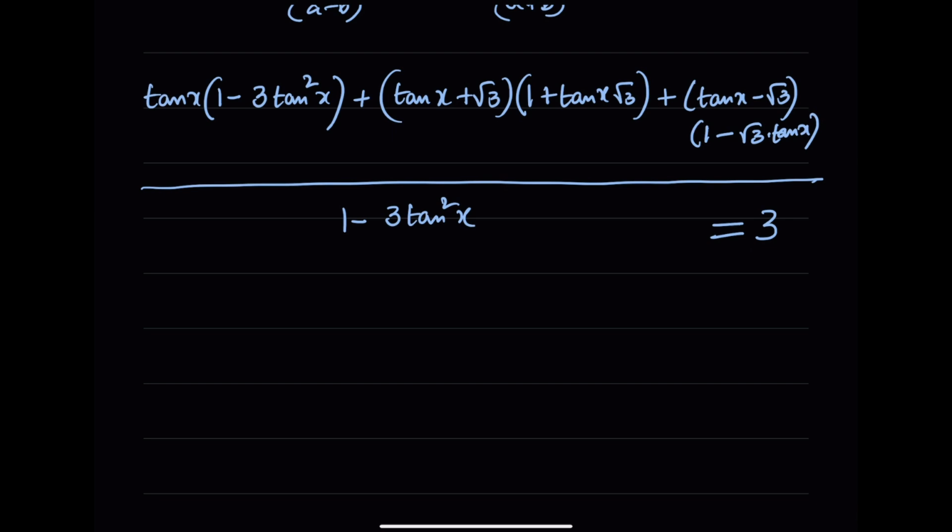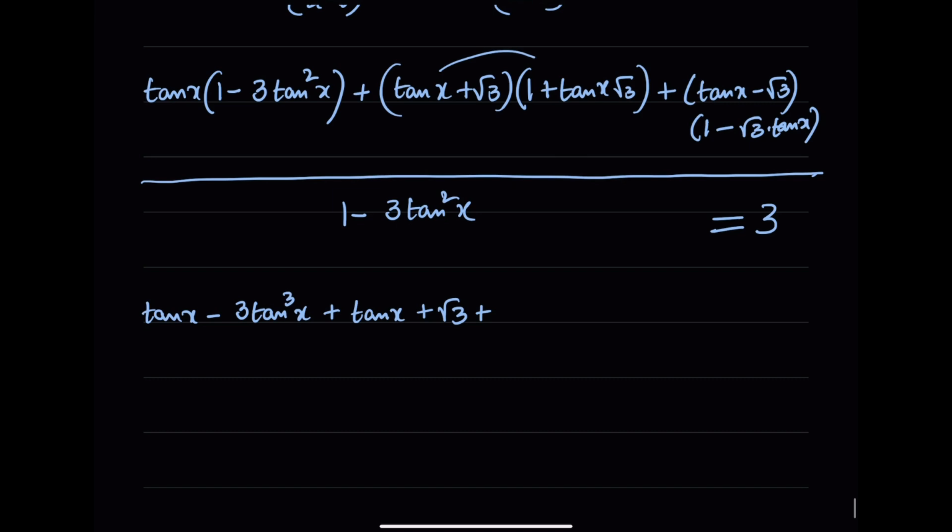So we would have, let's apply this, tan x minus 3 tan cube x, then this would be plus, let me multiply this and this, just a second. So tan x plus square root of 3 tan square x plus square root of 3 plus 3 tan x.